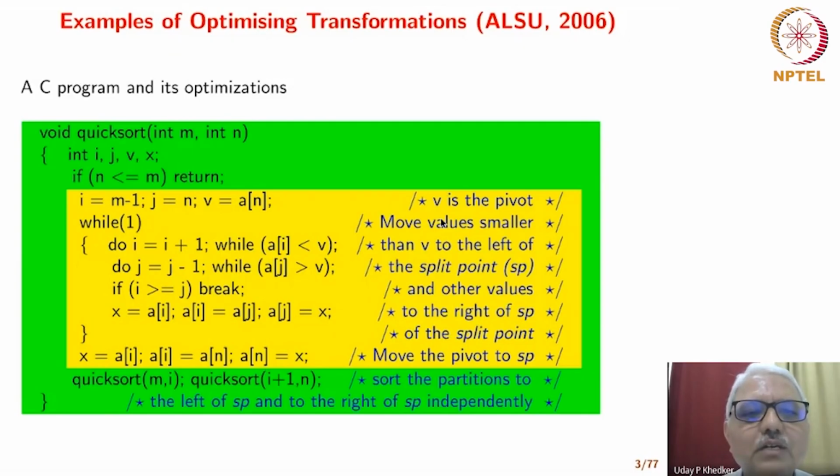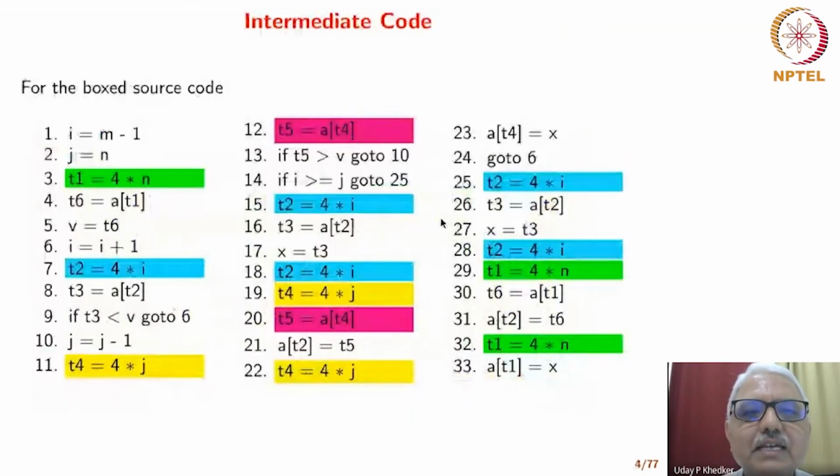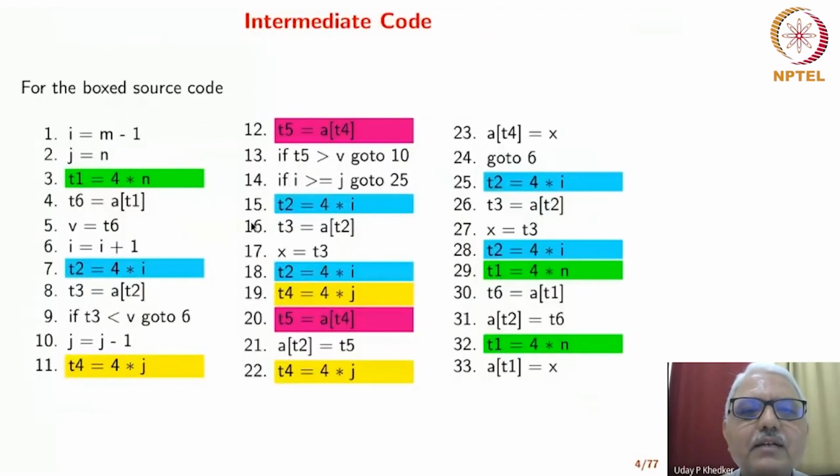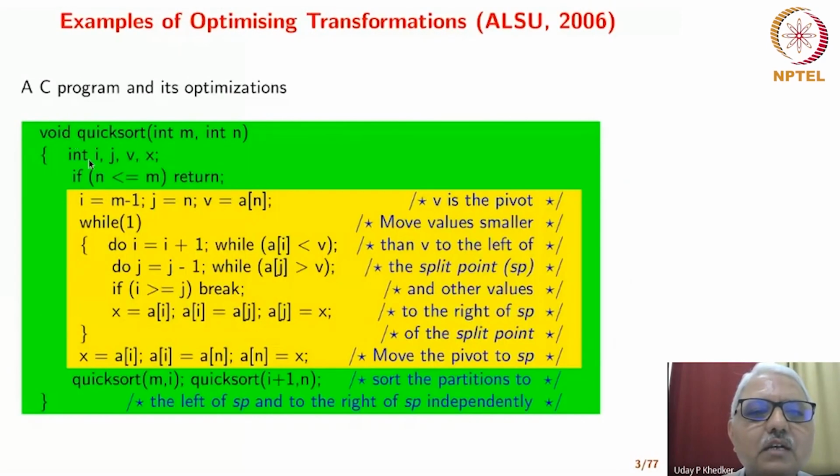So let's focus on this yellow code, and it is represented like this in an intermediate code. We're talking about a high-level program in C, and then a compiler representing it in an intermediate form called 3-address code, where we have at most 3 variables involved in any assignment. And you can see that we have i = m - 1, which corresponds to this assignment i = m - 1.